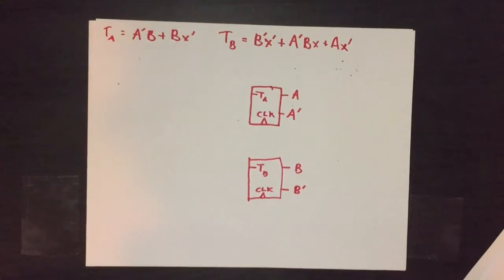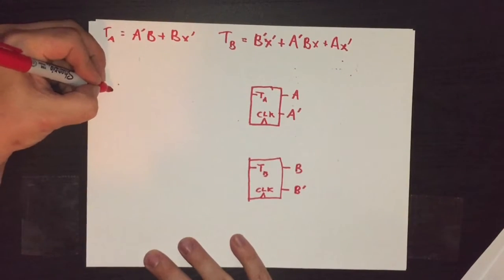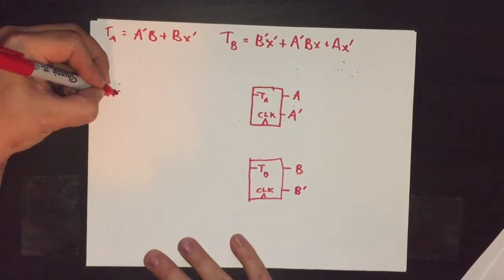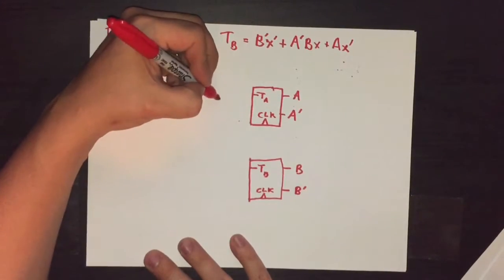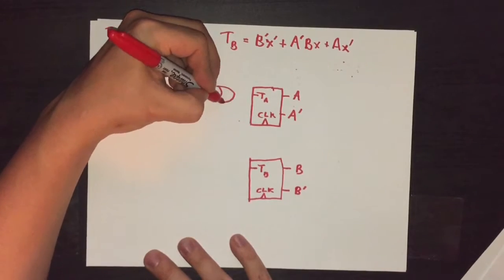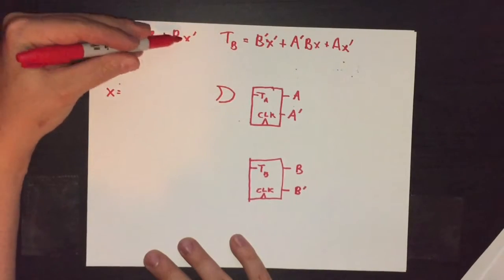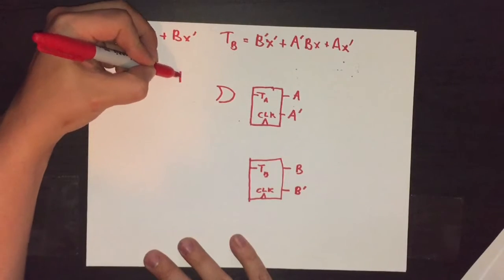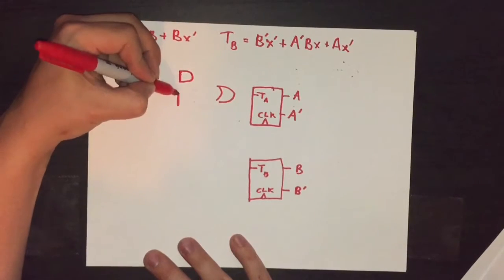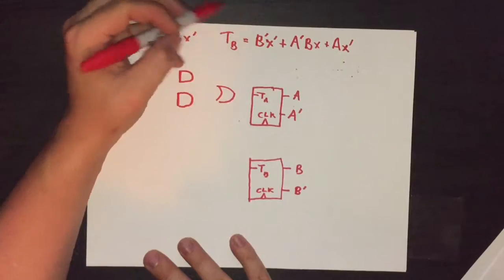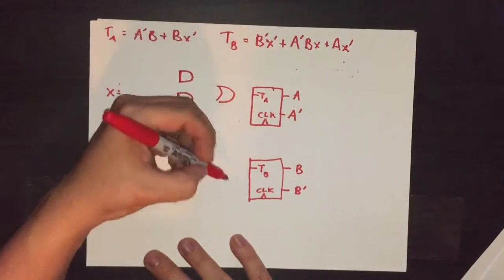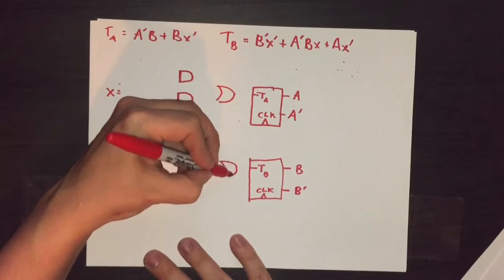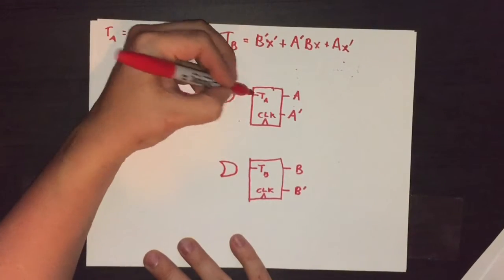Alright, now let's start building the circuit. We're going to have an input over here. TA is going to be ORed, and then ANDed with these two gates. So we'll draw that. TB, we're going to have one OR. These three will all be ORed together. Connect those.